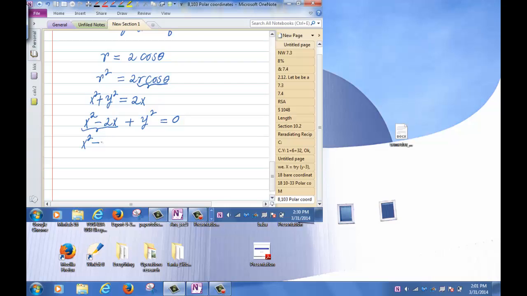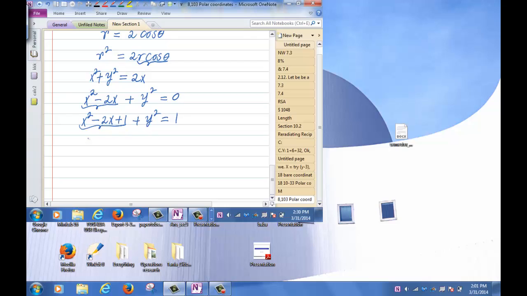It doesn't change my equation if I add 1 to both sides. And then x squared minus 2x plus 1 factors into x minus 1, so x minus 1 squared. And the y squared that I have, I'm going to intentionally write as y minus 0 squared. And the 1 that I have, I'm going to write as 1 squared. So this is the equation of what? What's the general equation of a circle?